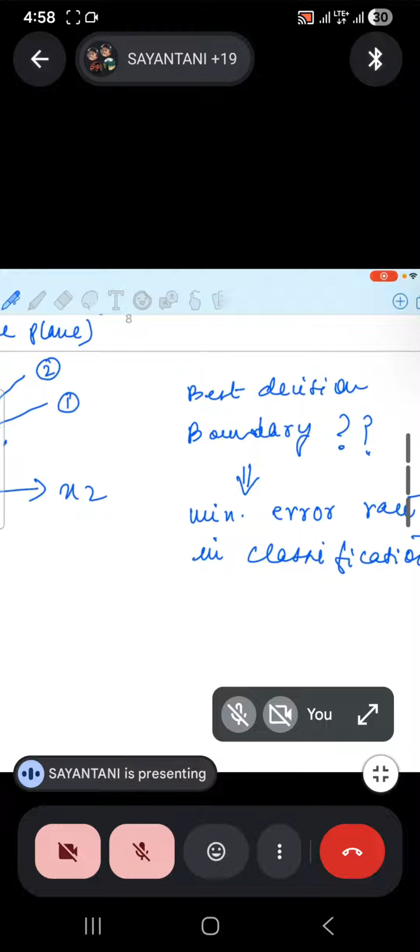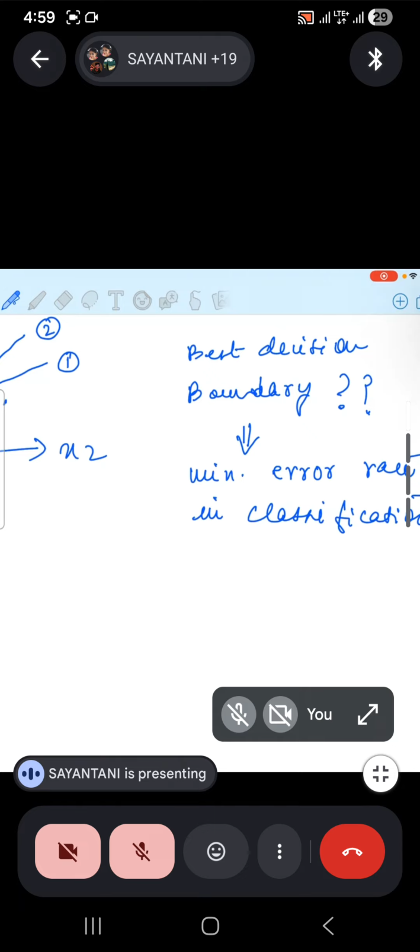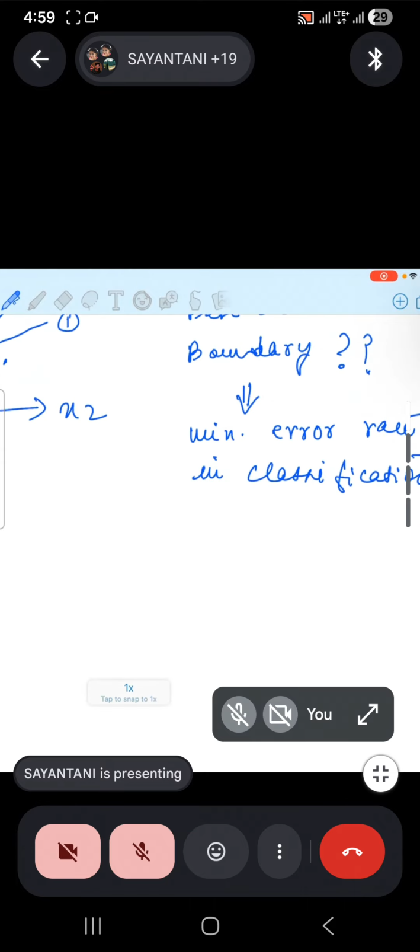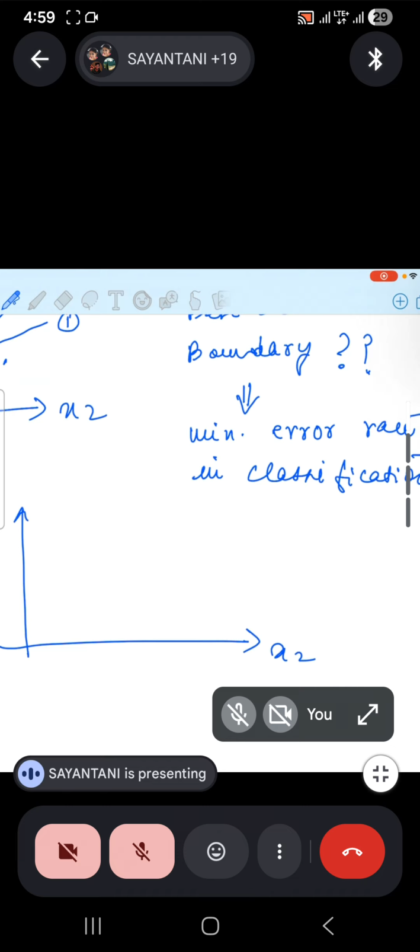That means the classifier will be able to produce 100% accuracy or near 100% accuracy. So I have to choose such kind of a decision boundary, right? That will give me 100% accuracy as far as possible. How to do that? That is the question. So the solution to this, so I'm drawing the feature space again.